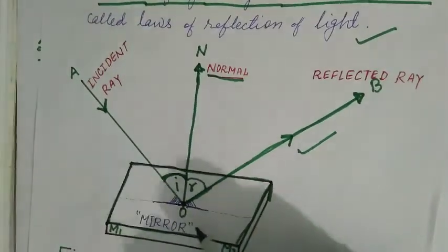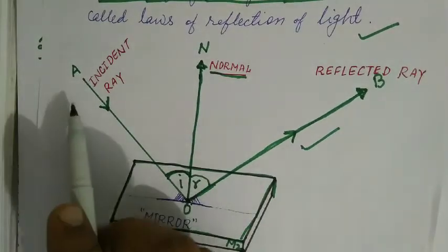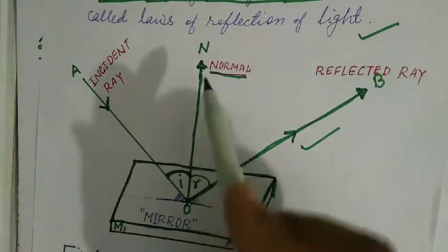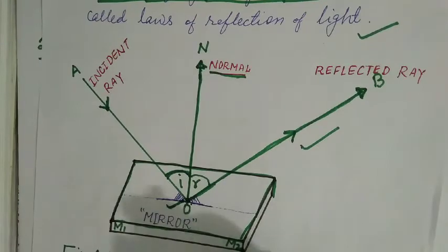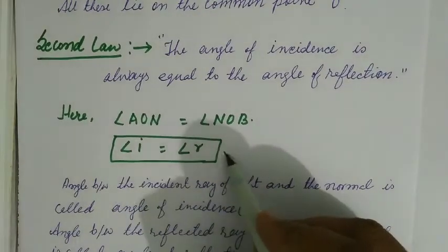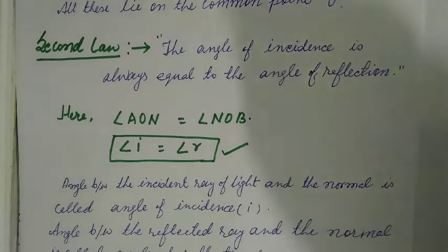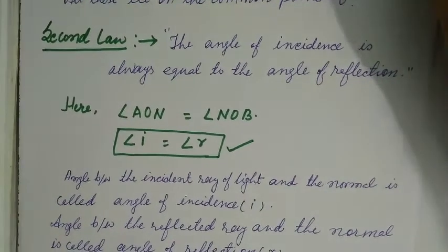Just try to see that AO, OB and ON lie on the point O, the common point. Now the angle of incidence, angle I, is equal to angle R. So this is a very important rule in the laws of reflection of light.